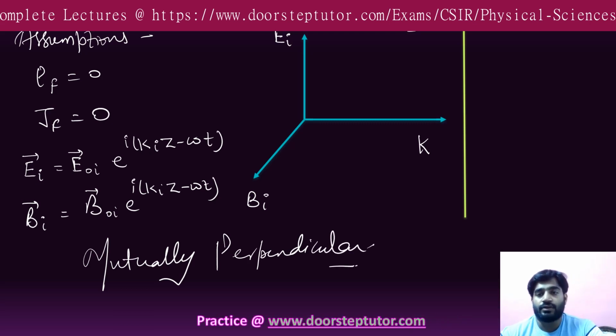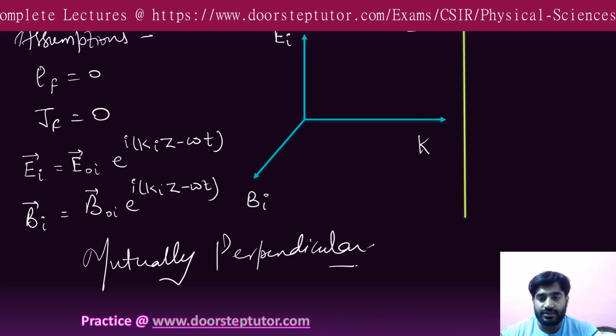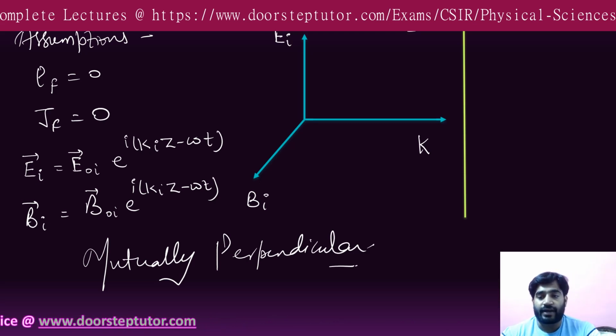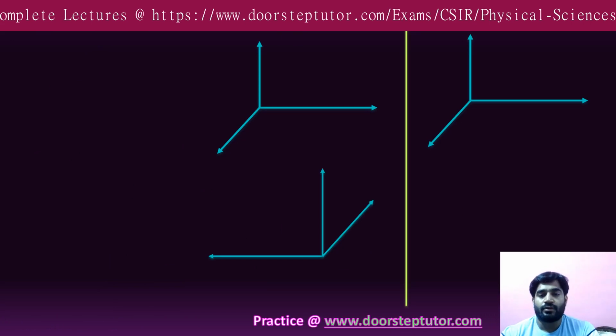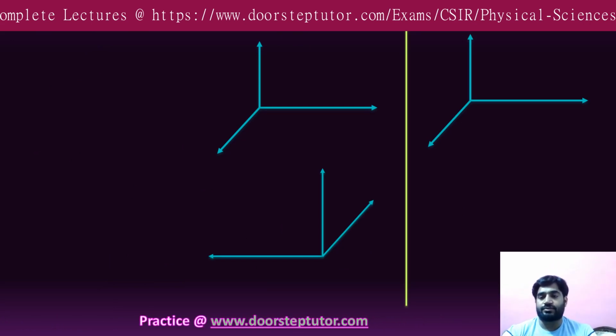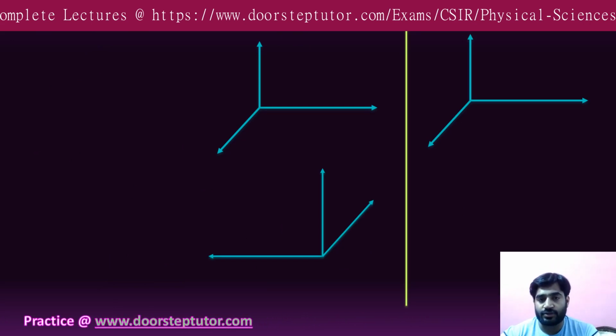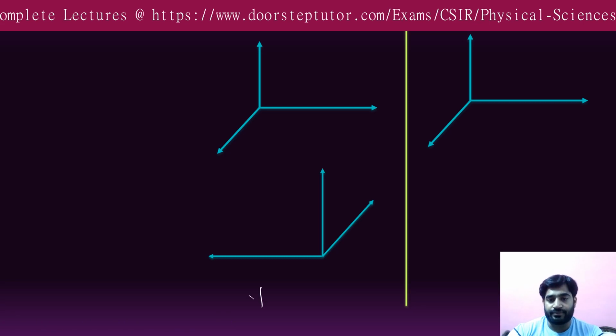So this is the incident case. Now we will see what happens in the reflected and transmitted cases. So these are the three cases: one is for incident, one is for reflected, and one is for transmitted.